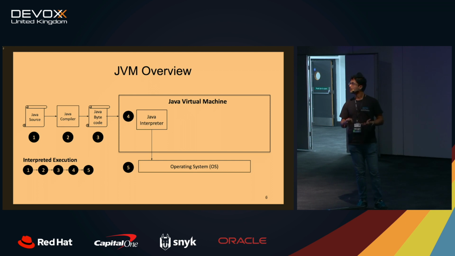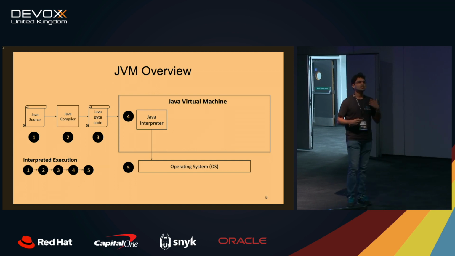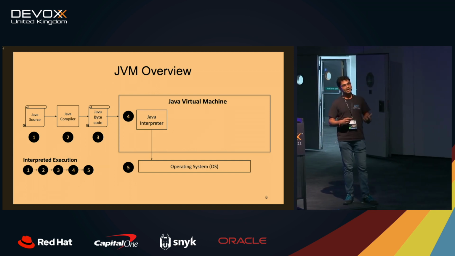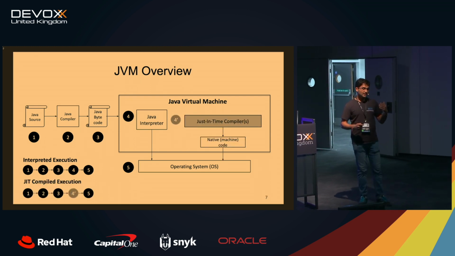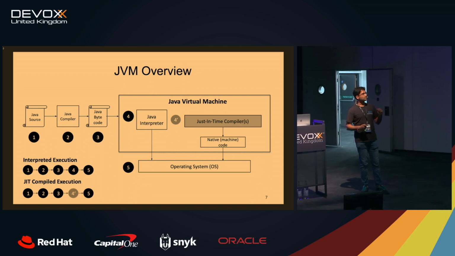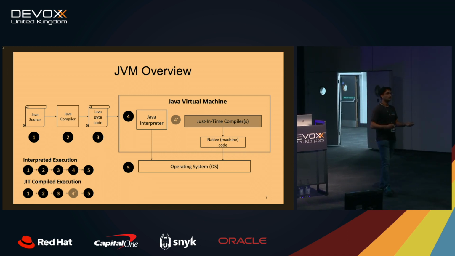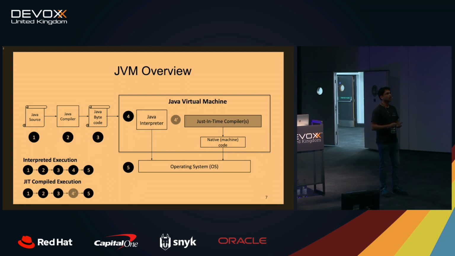Let me get the optimized version of this method so that when you want to execute it again, it will be faster. So during the execution itself, the JVM sees the call to the method and compiles it on the fly.